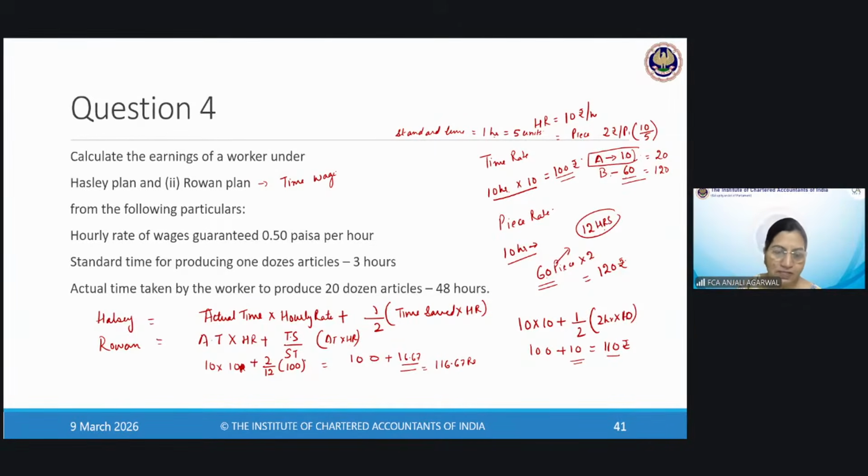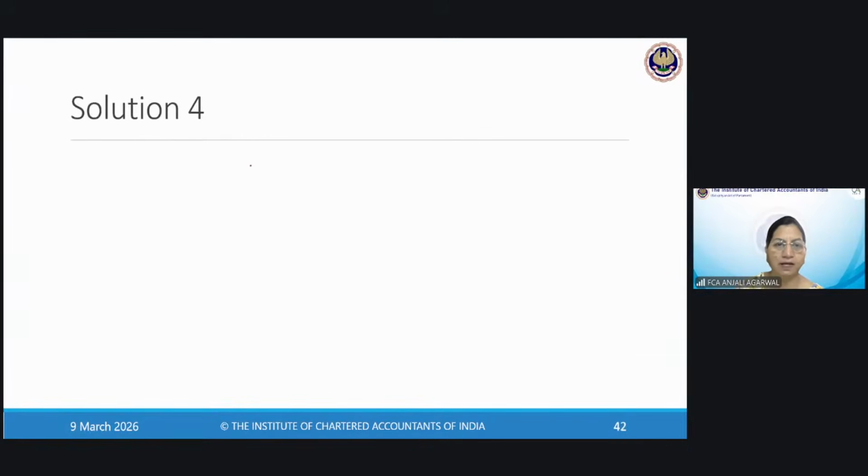But Rowan's bonus is a proportion of time saved by standard time, which is applied on actual wages. In the same example, see if the work would have been done in 6 hours. In 6 hours, if he had made 60 pieces, the standard hours to do the job is 12 hours, and therefore the time saved is 6 hours.